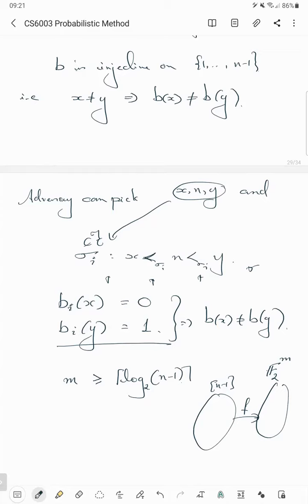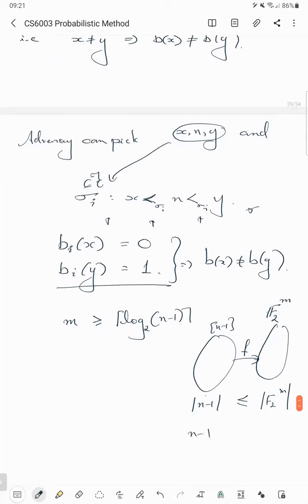Now, if this function is injective, then its domain's cardinality is a lower bound for the codomain's cardinality, right? So this means n minus 1 is less than or equal to 2 to the power m, or log base 2 of n minus 1 is less than or equal to m. Since m is an integer, we can add a ceiling at no cost.